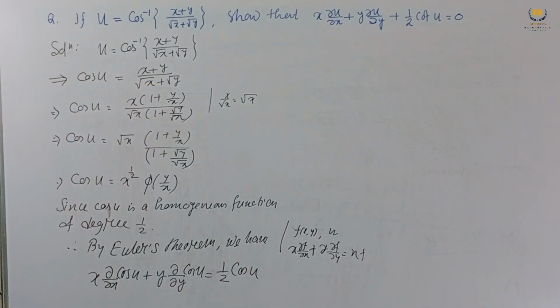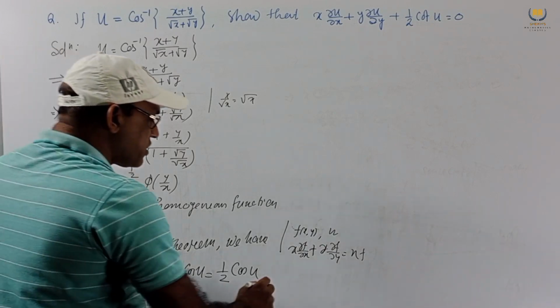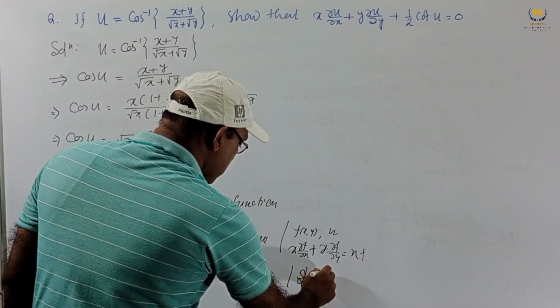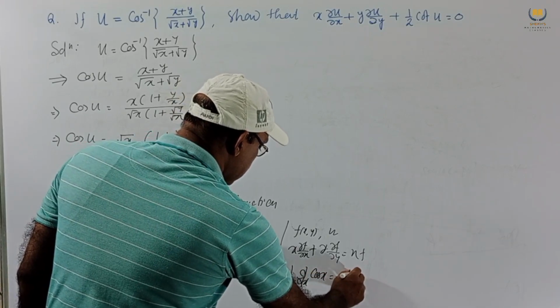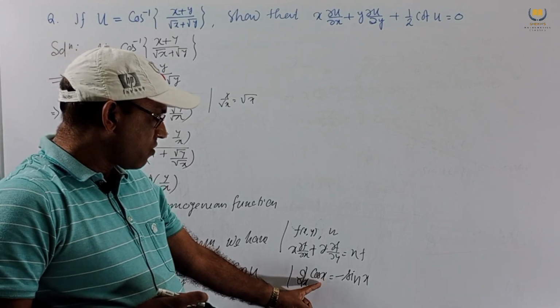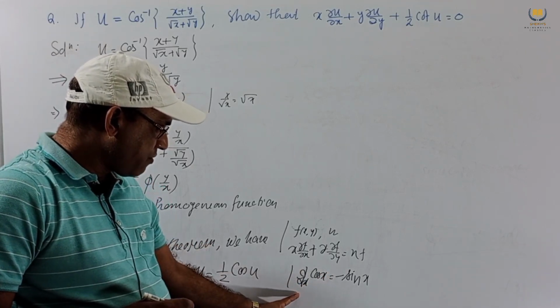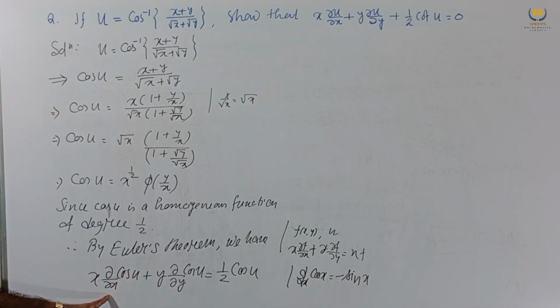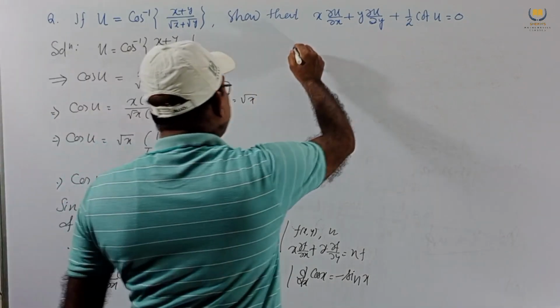We write this. Again, we know this formula, d/dx of cos x is minus sin x. If x is the same, we get minus sin x. But here u and x are different, so we can't write this formula directly. So using the chain rule, this ∂u must be here, then we can write this formula.